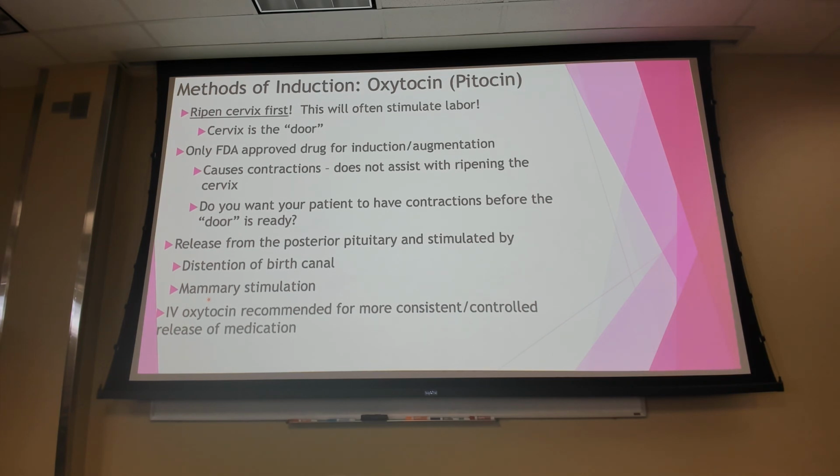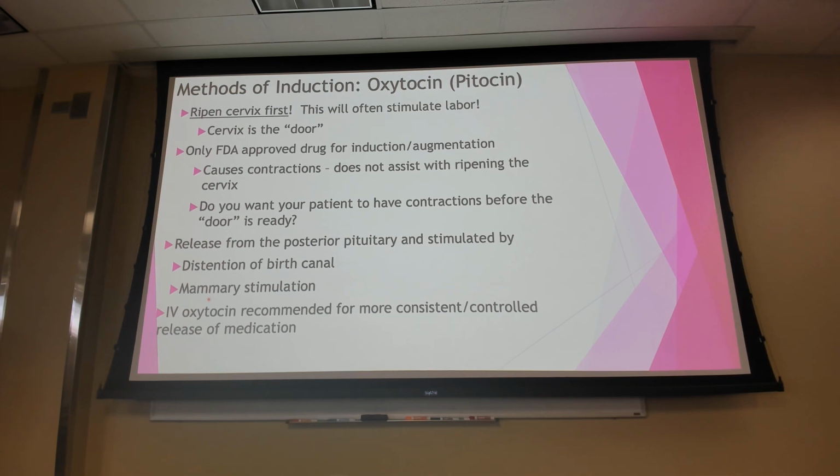And so what this does is it's released, we have a natural form of oxytocin, and it causes distension of the birth canal. It can also cause mammillary stimulation, or if we do mammillary stimulation, you can have release of oxytocin, but the problem is it's not going to be enough, okay?